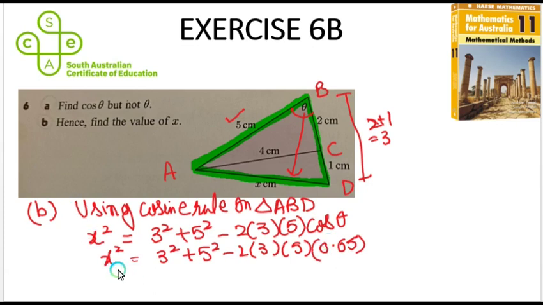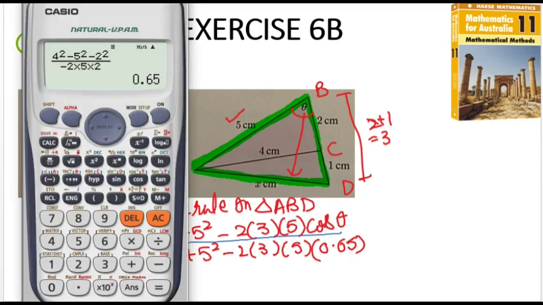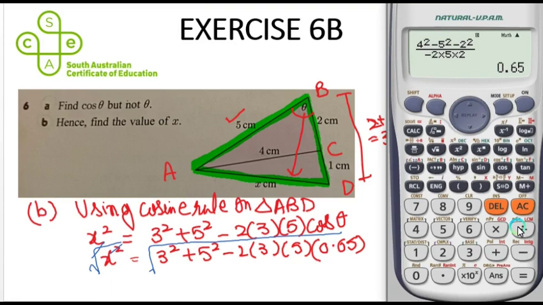Now we have to find the value of x. It means we have to get rid of this square sign. So taking square root of both sides. So square and square root cancel. Now you can simplify this by using calculator. So it is square root of 3 square plus 5 square minus 2 times 3 times 5 times cos of the angle.